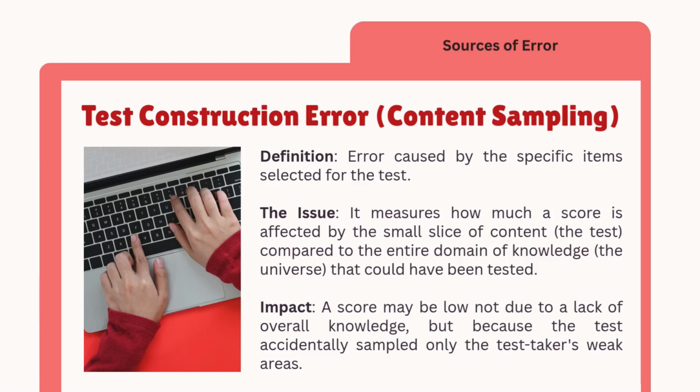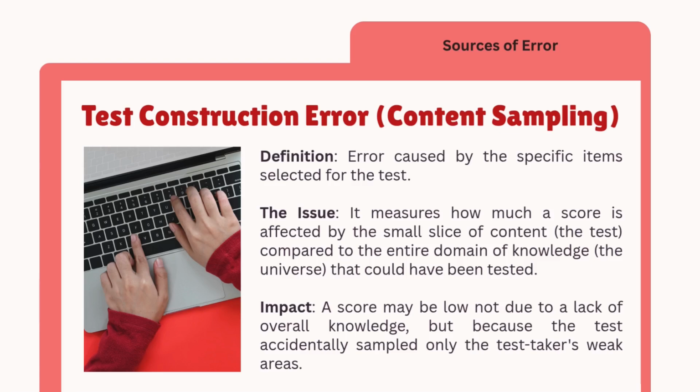So these 50 questions could cover certain grammar rules that are appropriate for their learning level, such as for high school. But if those 50 questions are a poor or biased representation of what you were trying to sample from that entire universe or domain of knowledge, so this basically means that those 50 questions weren't actually about grammar, you've got yourself a test construction error.